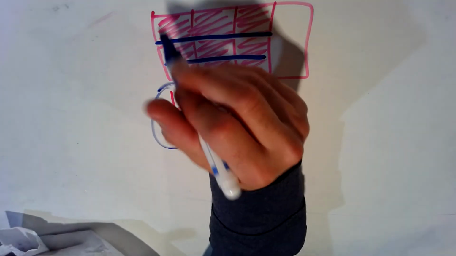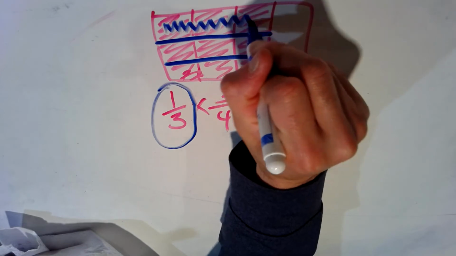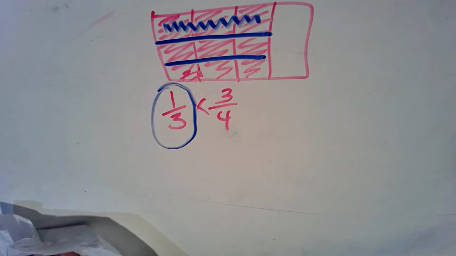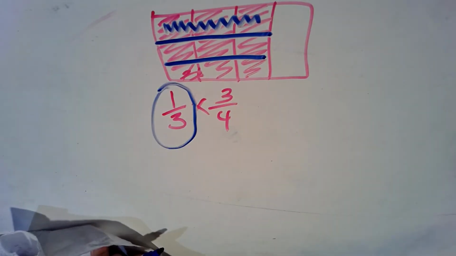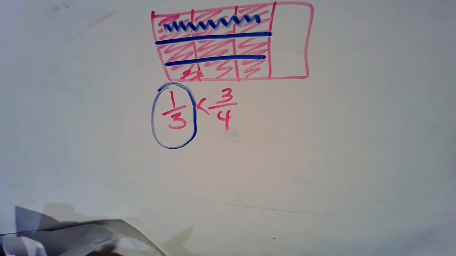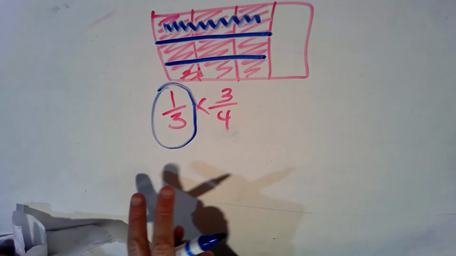And I'm going to shade in 1/3 of the 3/4. And you can see there are 3 of these pieces that are both blue and red. That's the 1/3 of the 3/4.